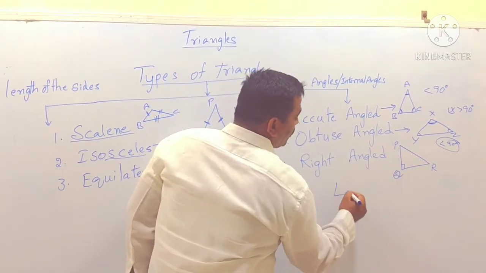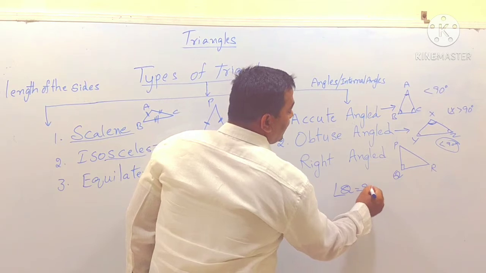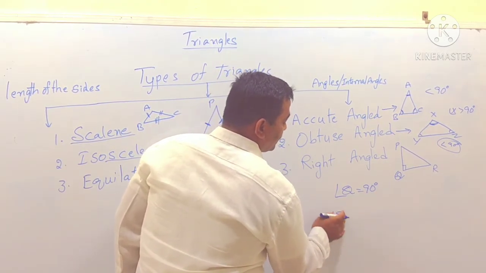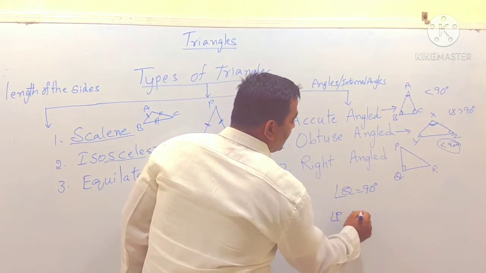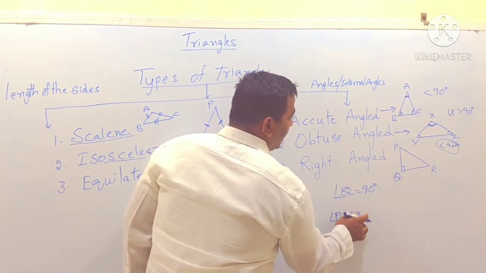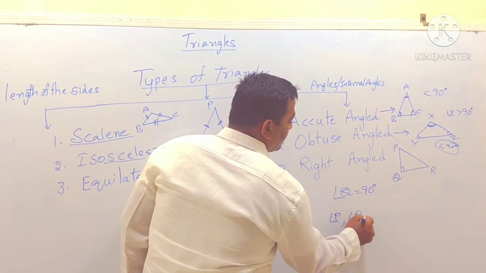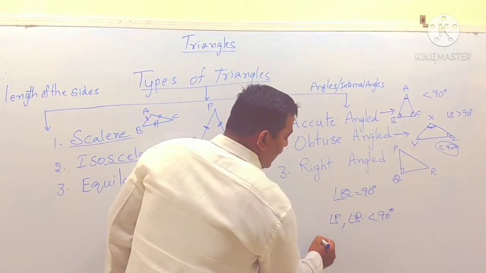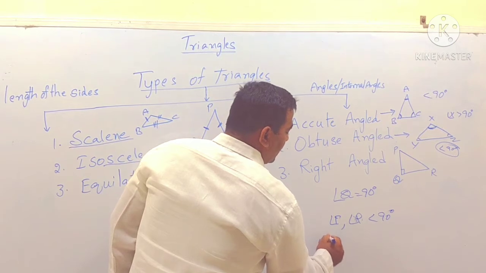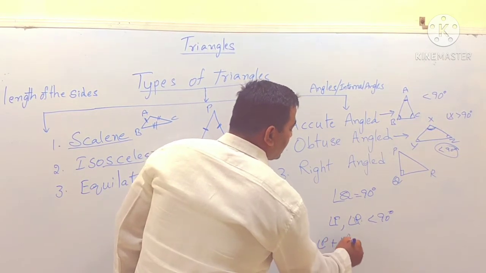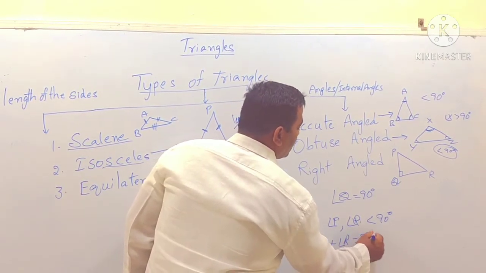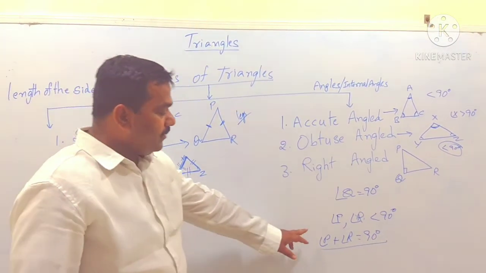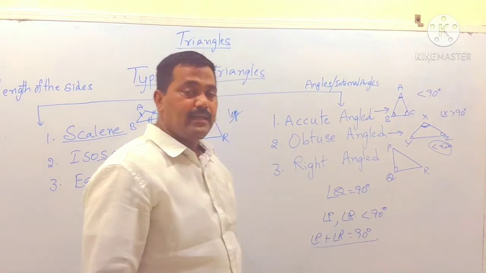Here, angle Q is 90 degrees. Angle P and angle R are less than 90 degrees, and angle P plus angle R equals 90 degrees. Why is angle P plus angle R 90 degrees?